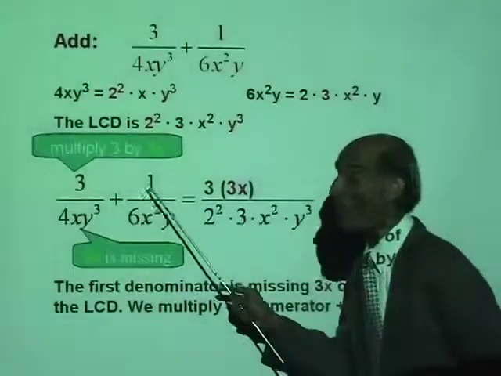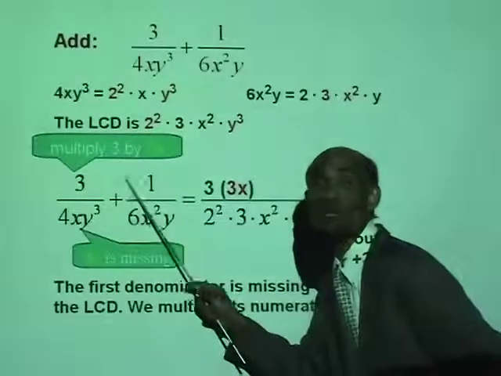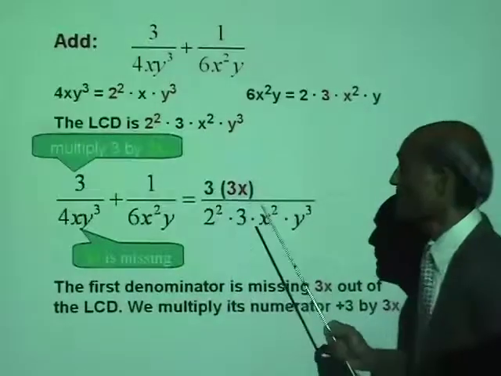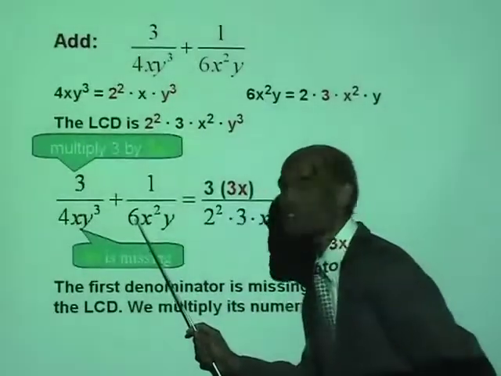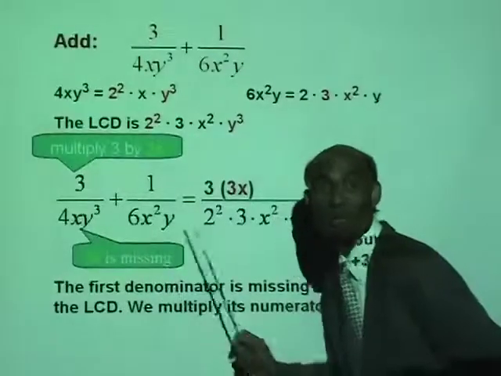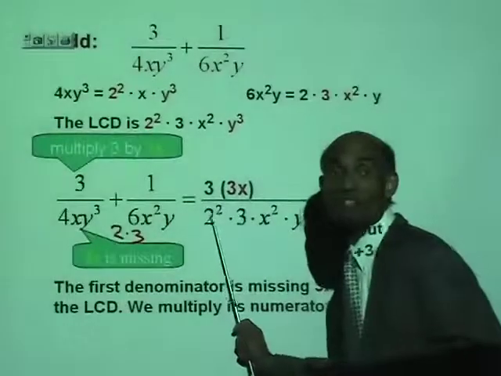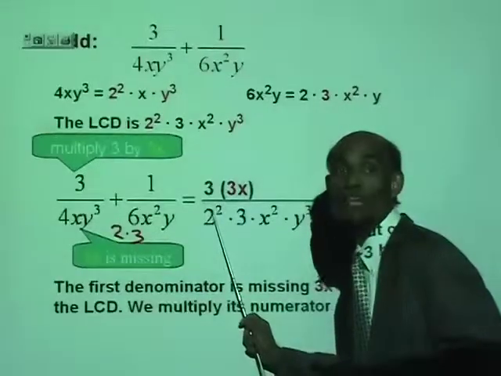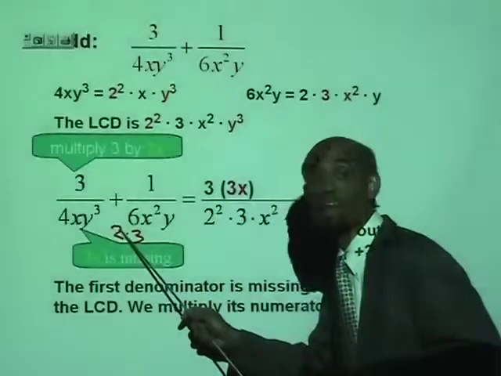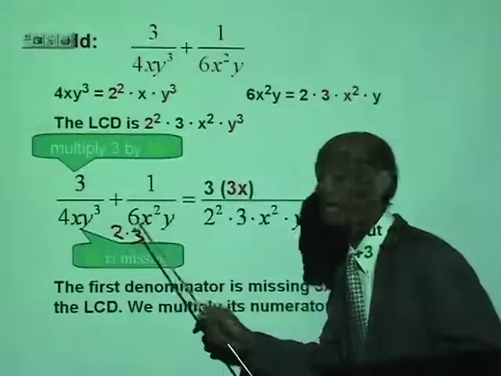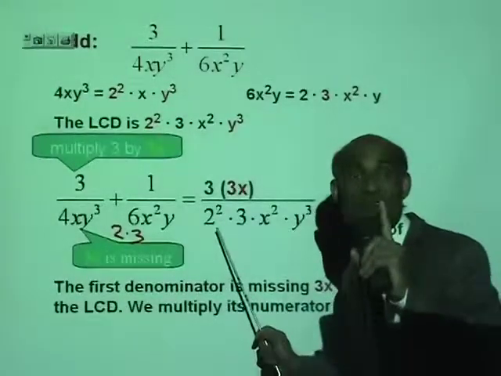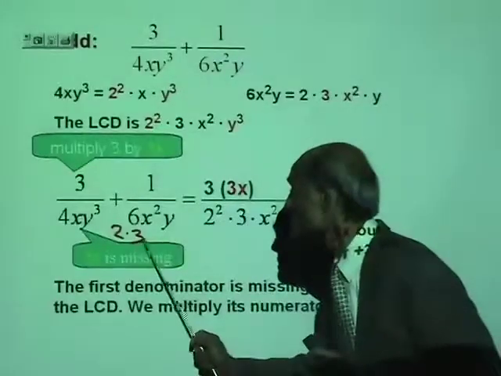Alright, tell me then, what is this plus 1 going to be multiplied by? Let's find out. See, look at this. This 6 is 2 times 3. Let me write that down for you. That 6 is 2 times 3. There we are. Now, that means, if you look at this, this is 2 squared in the LCD. And there is only one 2 in that denominator. That means there is a 2 that is missing. The 3 is there.